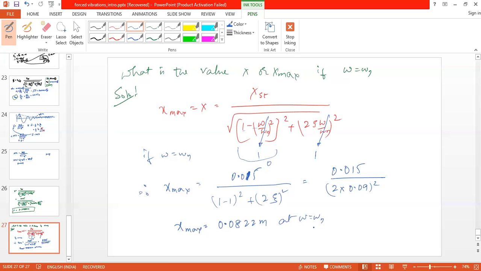So the meaning is, you can understand it like this. Now the operating frequency is 50 radians per second. If I change the frequency in such a way that the operating frequency is the same as the natural frequency, then the system will have this much displacement, and this will add to the actual displacement.